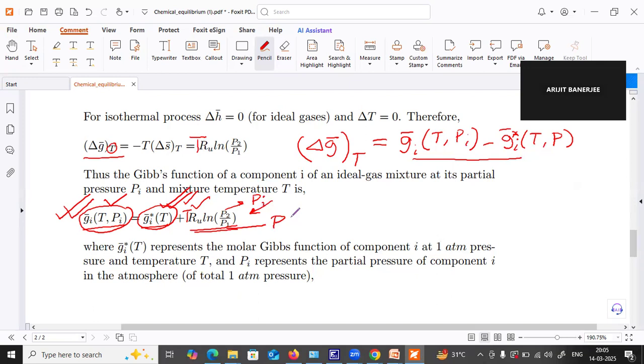Therefore the tabulation is done at 1 atmospheric pressure. Now, how to calculate the data at a particular partial pressure from the known value at 1 atmosphere? That is done here.